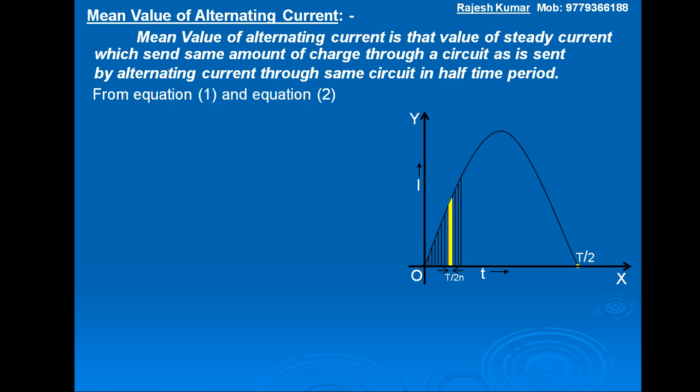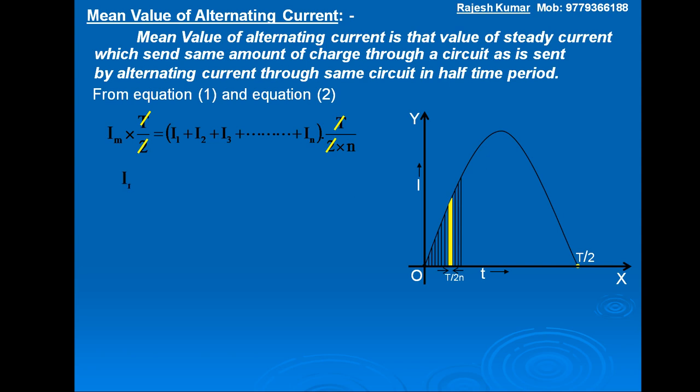From equation 1 and equation 2, we get Im into T upon 2 is equal to I1 plus I2 plus I3 plus so on plus In into T upon 2n. Now, in both the sides, capital T cancel each other, and also 2 and 2 cancel each other.